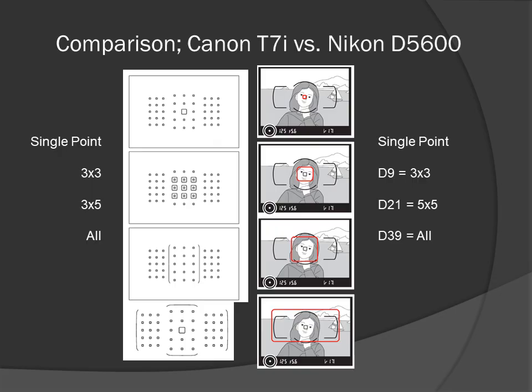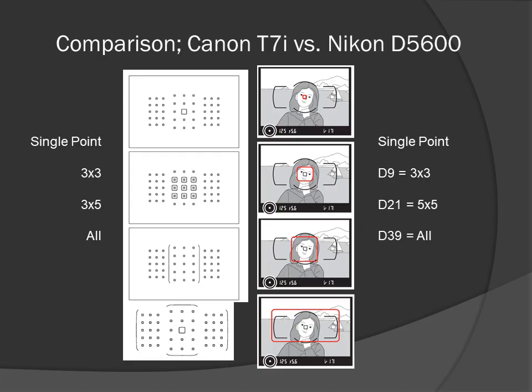This slide shows the difference between the Canon T7i and the Nikon D5600. There are 4 different focus options. Single point is the same. It's just one of the focus points. 3x3 is similar. It's a 3x3 matrix that the camera will use to focus.